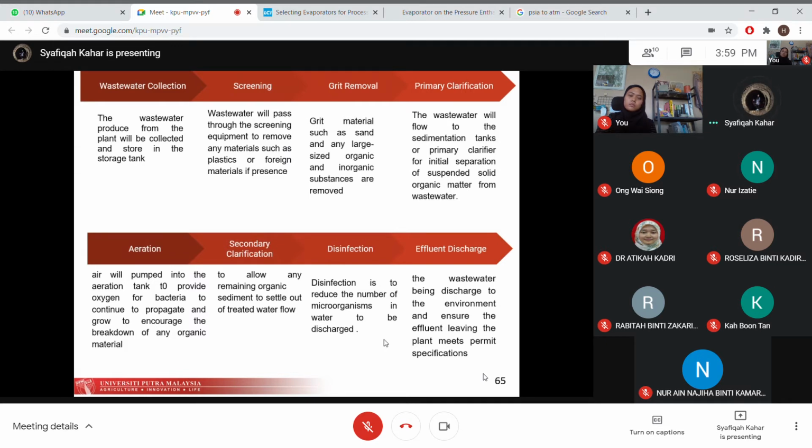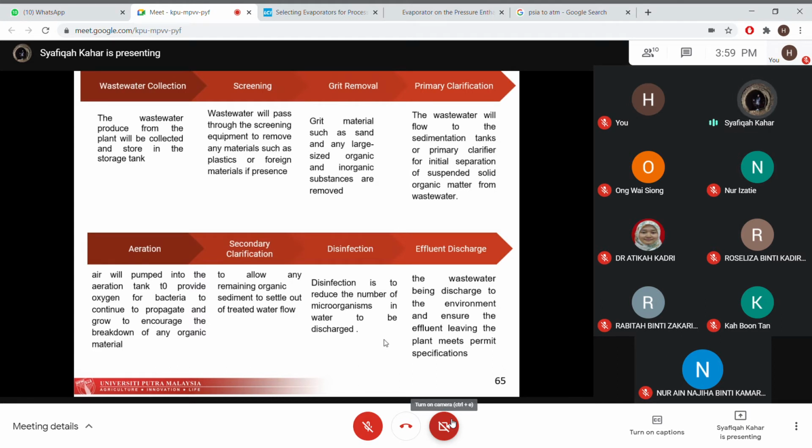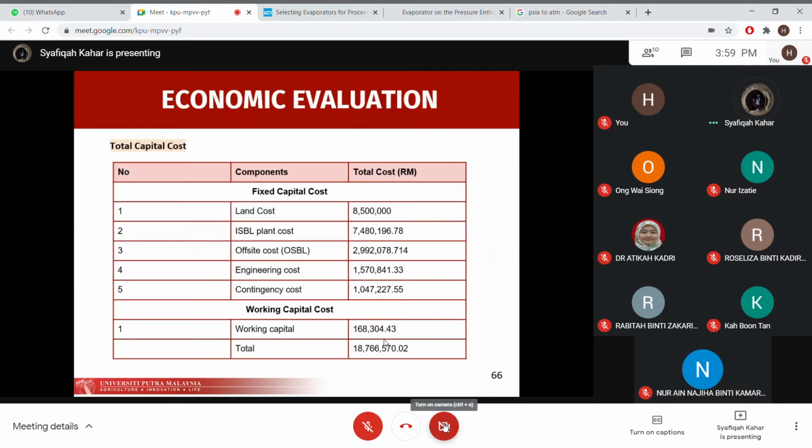Then the secondary clarification, where the remaining organic sediment will be settled out. Next is the disinfection, which is to reduce the number of microorganisms in the water before it is discharged to the environment.